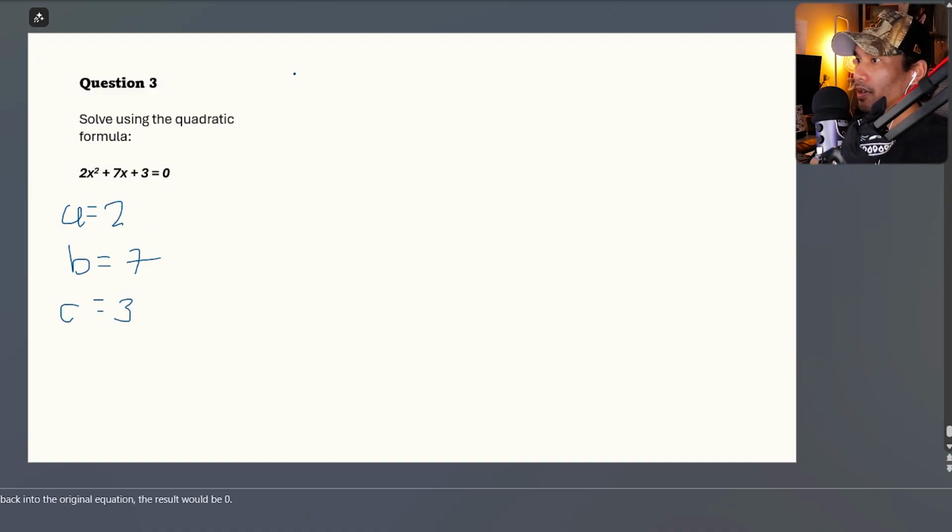You have to first multiply A times C, which equals 2 times 3, which equals 6. Now, what two numbers multiplied will equal 6 and combined equal 7, or B? That is 6 times 1, which equals 6, and 6 plus 1 equals 7.